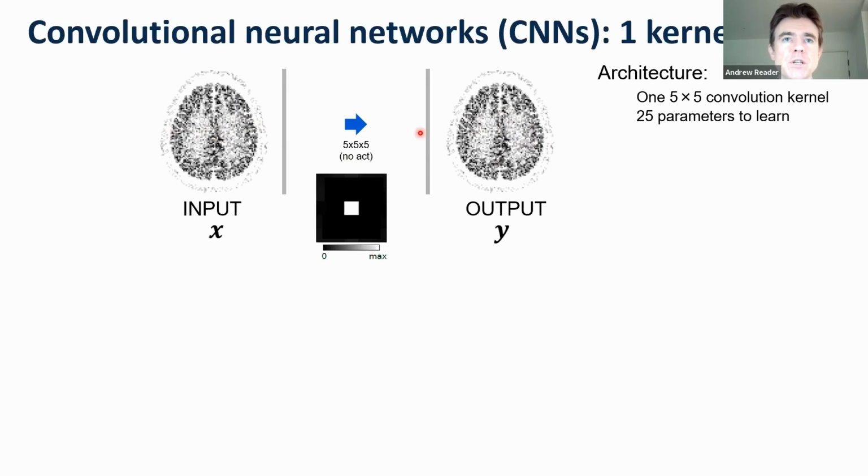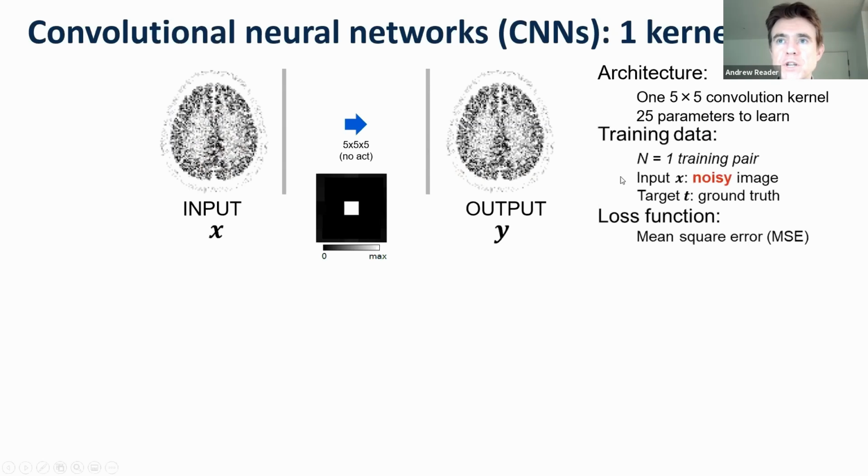But just motivating things here with a simple example of just an architecture consisting of one 5 by 5, it's 2D, not 3D, convolution kernel. In which case we'd just be seeking to learn a 5 by 5 kernel, which is 25 parameters, which will map a noisy input to a high quality reference. Now here, it's just the identity, so I'm not doing anything.